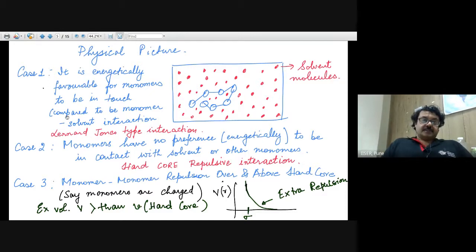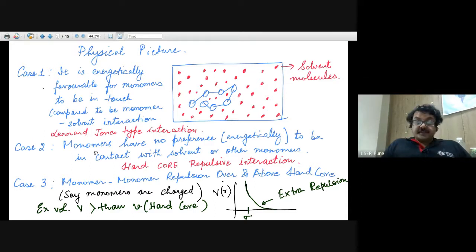So there is a negative energy. The monomers prefer to be in contact with each other rather than with the solvent. And then this weak attraction can be modeled by the Lennard-Jones type of interaction. So that's one case.